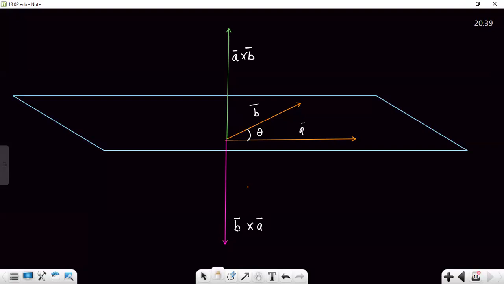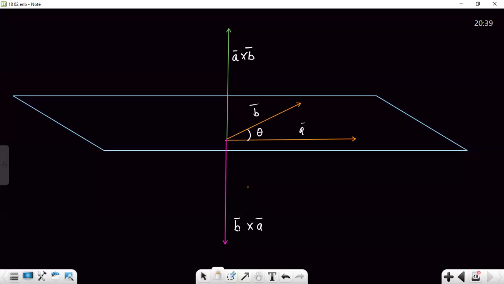So how do we really define whether the resultant vector is upwards or downwards? We will define it by using a particular rule, and that rule's name is the right-handed screw system, or right-hand thumb rule as we call it in physics.